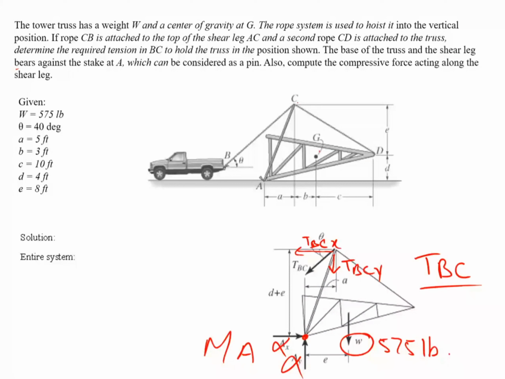Now, what we are after is, so let me show you the solution so that everyone is on board. So taking moment at A, we get our TBC out. No rocket science.